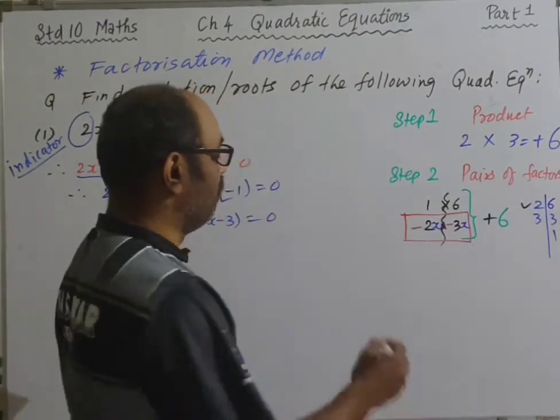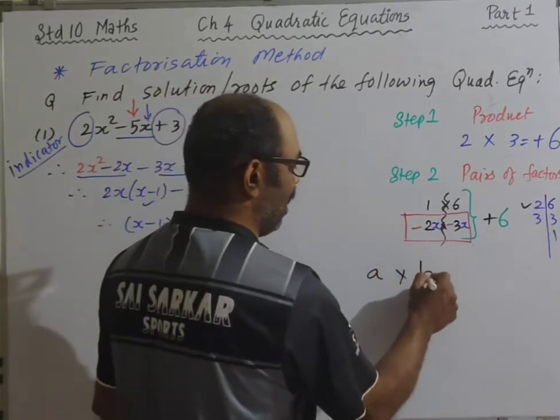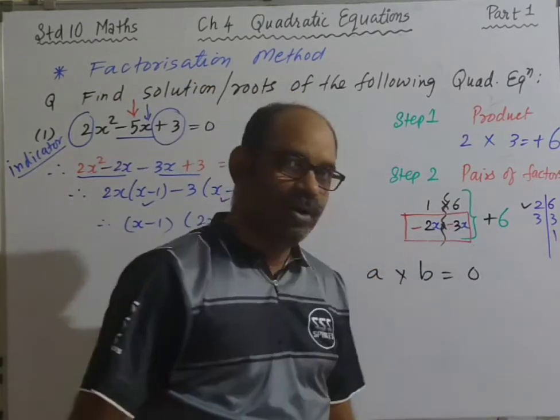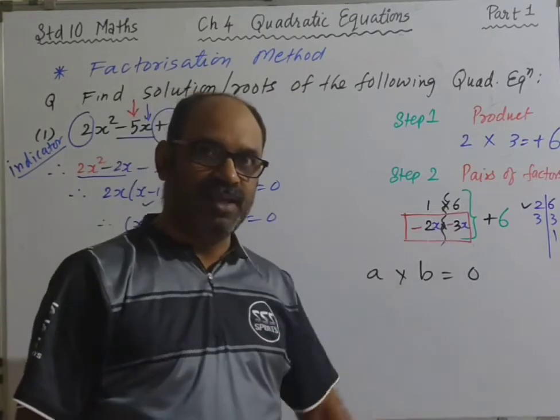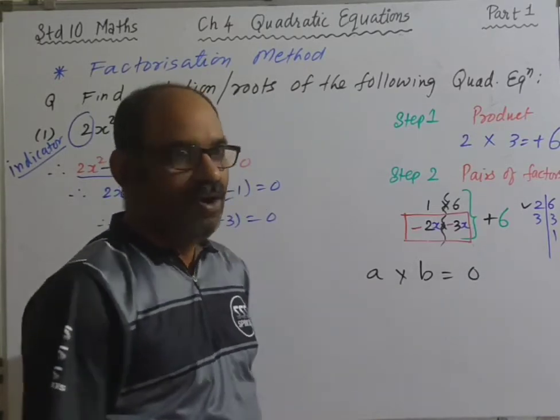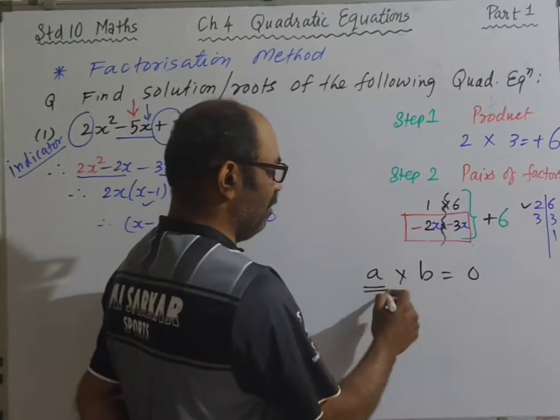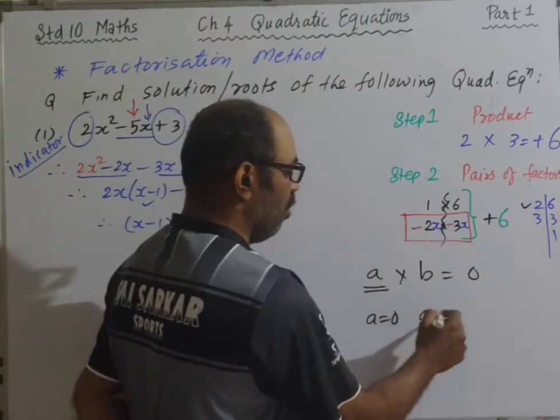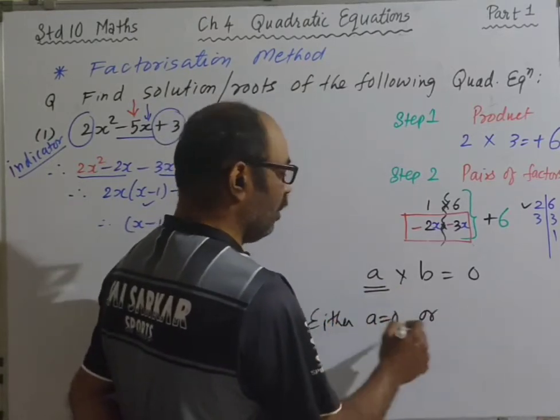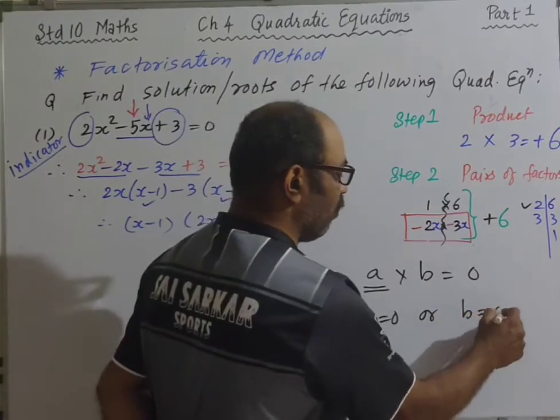Children, now let's recall the property of real numbers. a multiplied by b equal to 0. Product of two real numbers is 0. It is possible only when one of them is 0. Either a equal to 0 or b equal to 0.